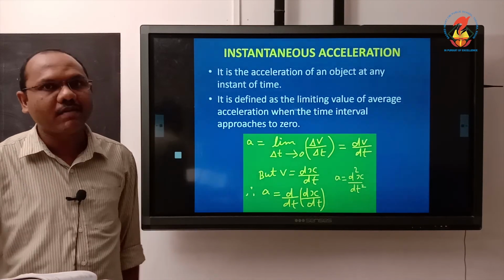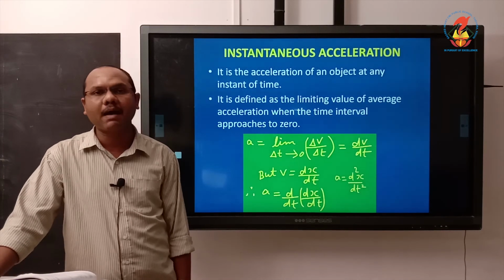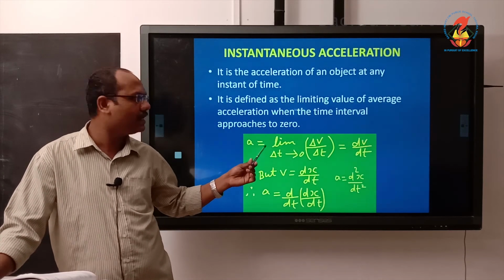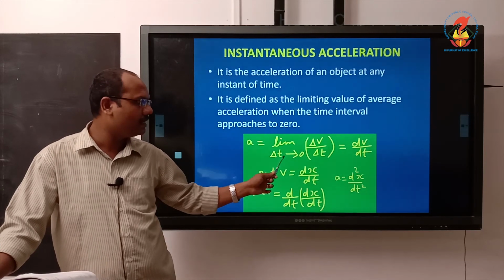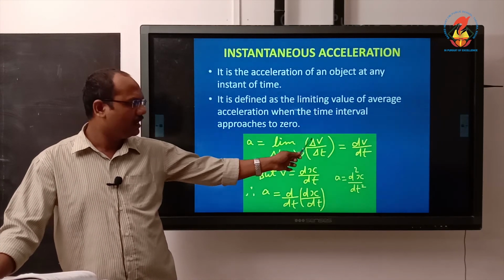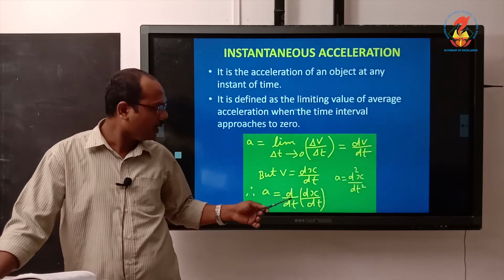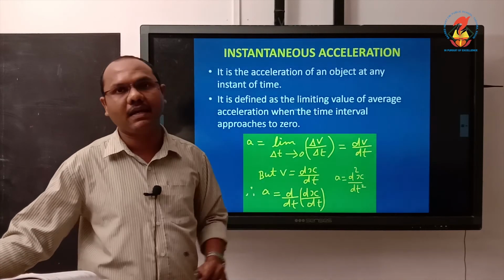So look here, I will write like this: a is equal to the limit as delta t tends to 0 of delta v by delta t. And this can be written as dv by dt.